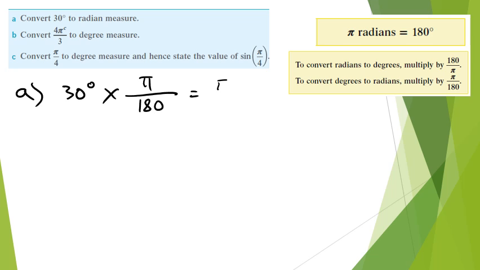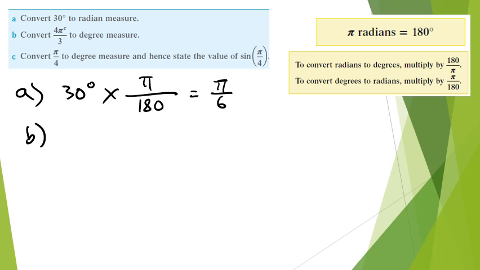Comes up by pi, so that becomes pi over 6, because 30 goes into 180 6 times. By the way, remember that 30 degrees is an exact value. You'll need to be able to convert that to radians and pretty much have it memorized. That'll be one of the activities you'll be doing in your book, okay?